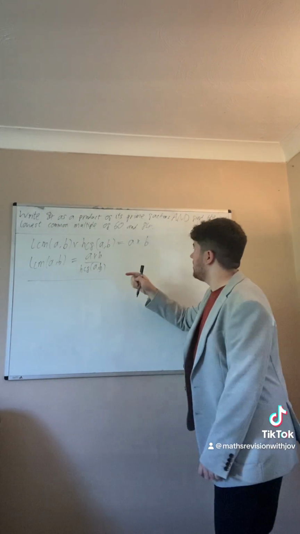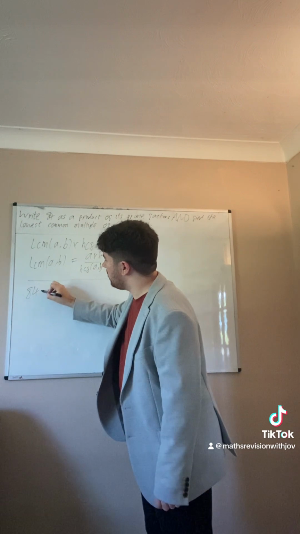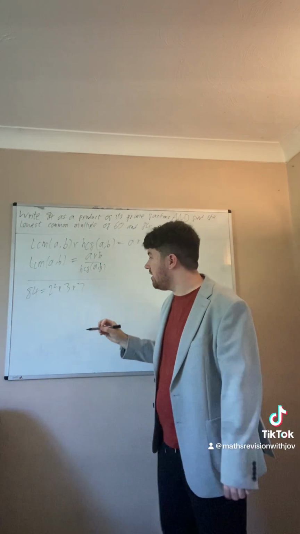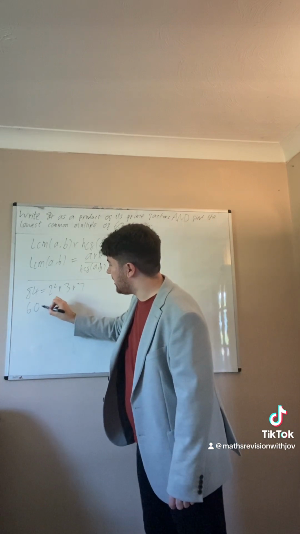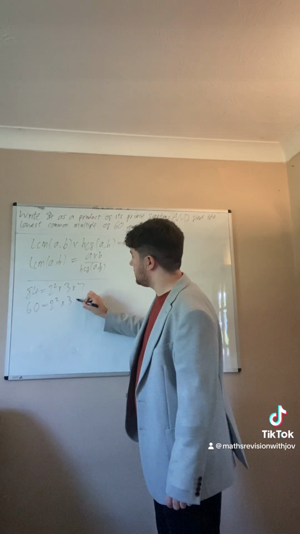So we can look at 60 and 84. We knew already that 84 is 2 squared times 3 times 7 from earlier. We can also quite quickly check that 60 is 2 squared times 3 times 5.